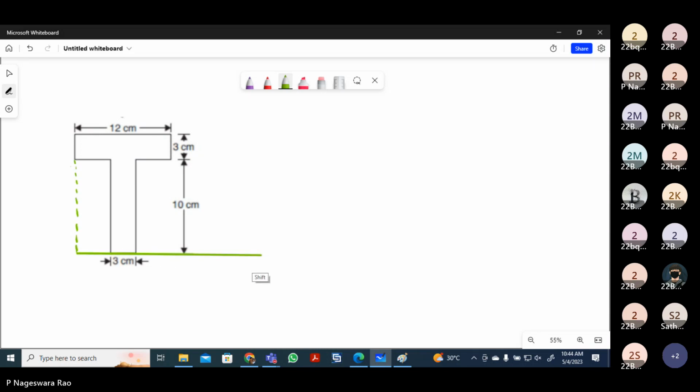This will be the x-axis, and assume this is the y-axis, and this is the origin. Now, our first duty is to divide. Assume this is the first rectangle, because I want to calculate the centroid of the T shape. For your convenience, this is the first shape I divided.